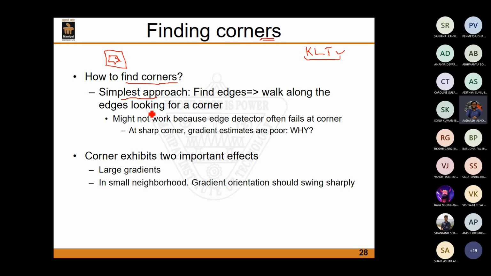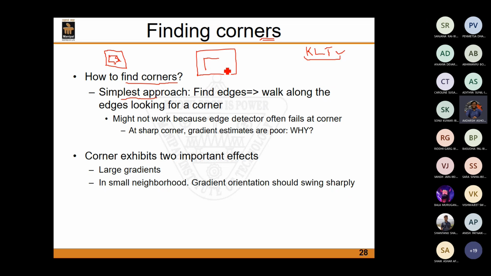How we find the locations of the corners is, given a particular image, we can first calculate the gradient, and we can simply scan the image in order to find if there is a sudden change in the gradient. For example, let's say this is the image that I have, and this is one corner.